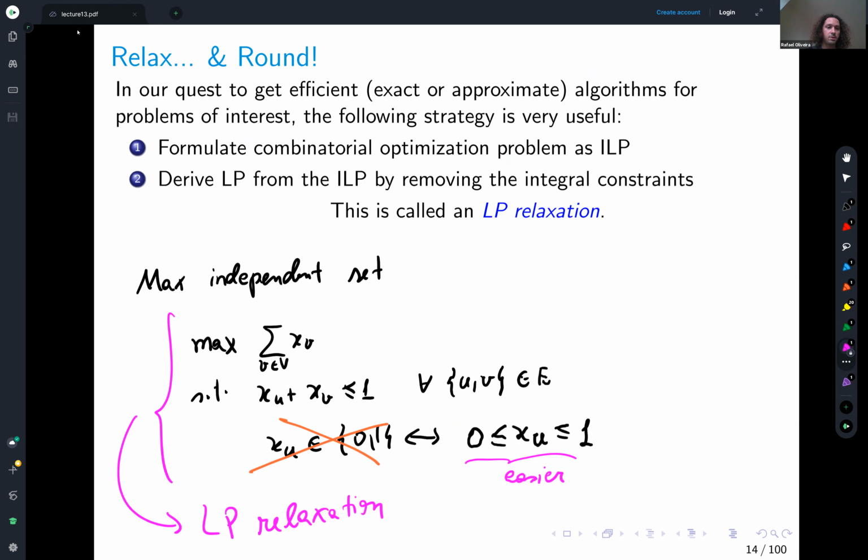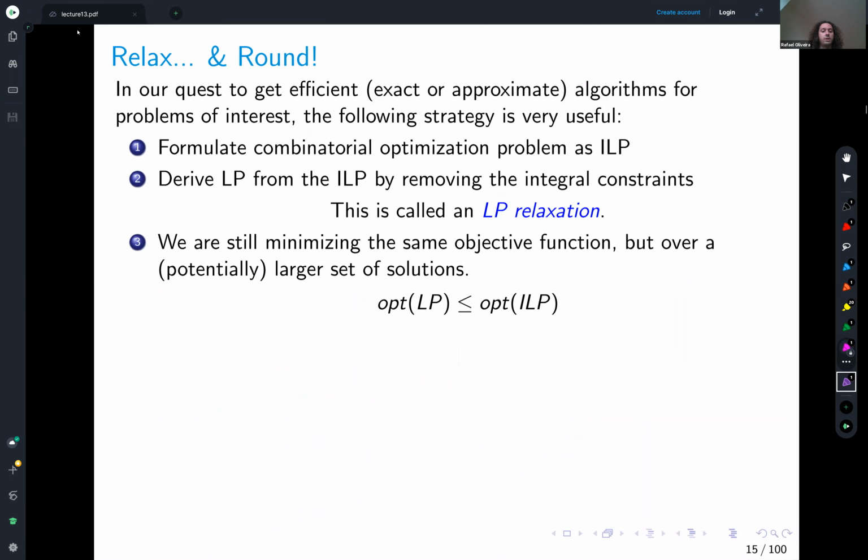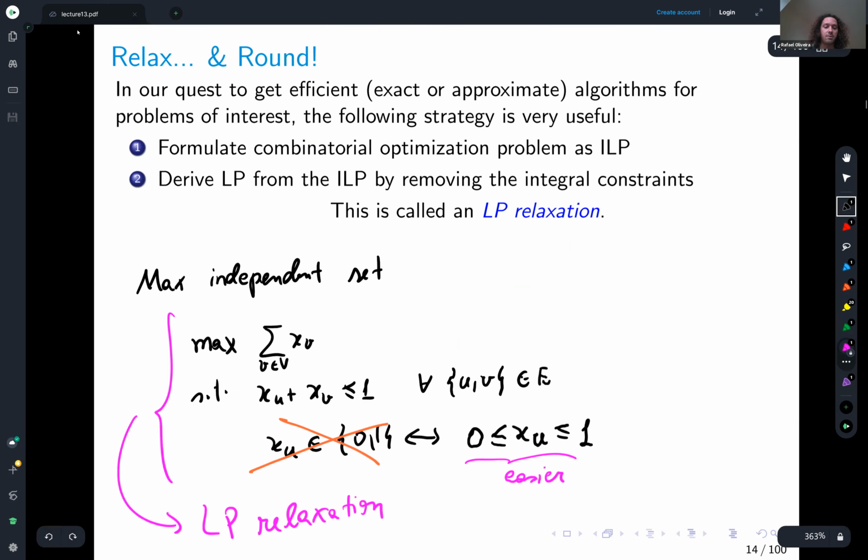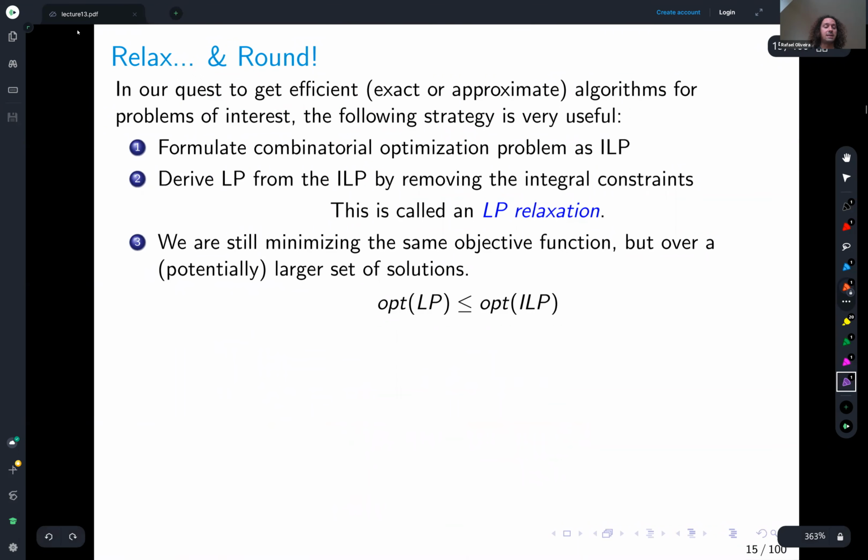So our solution space is bigger. For maximum independent set we were maximizing, but we can also write minimize minus the sum of x_v, so I'll just put minimizing because that's the standard formulation.